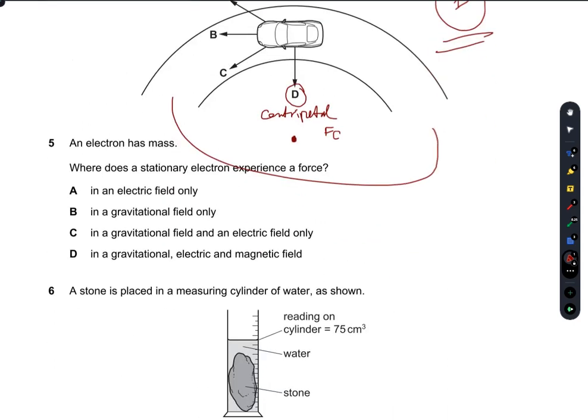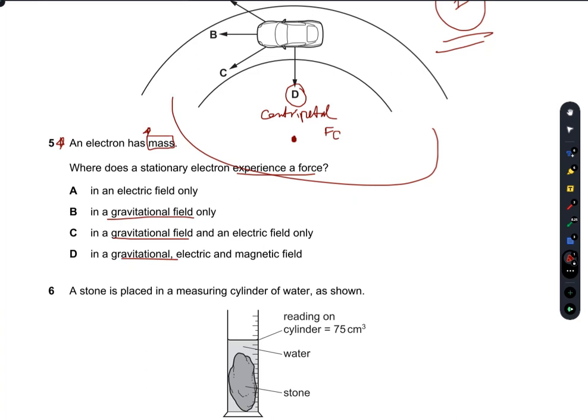An electron has mass. Where does a stationary electron experience a force? So this electron has a mass. If it has a mass, it would have a gravitational field definitely.